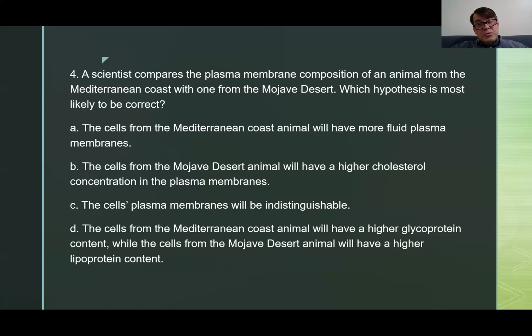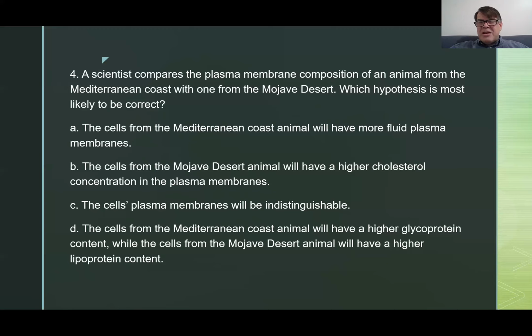But there's where the catch may be, because cholesterol does help with the fluidity of the membrane, and you might think that the Mojave Desert, being a dry place, would have more difficulty with the fluidity. So that could be it. C, the cells' plasma membranes will be indistinguishable. Yeah, I really doubt that, because dry and wet, I doubt that they'll be indistinguishable.